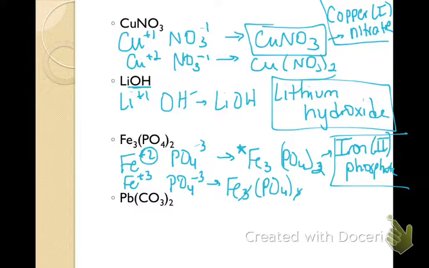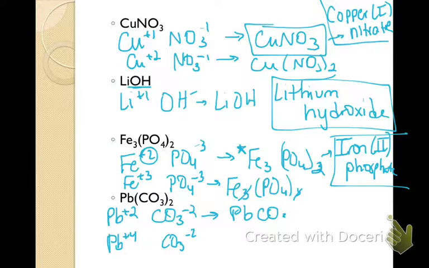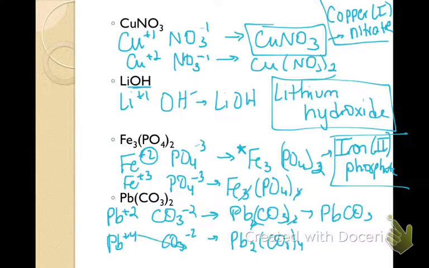Next one, we have PbCO32. So Pb can be a +2 version, a +4 version, according to New York State. Now don't forget that there are other options that can be out there. CO3 is -2. So when we crisscross it, this one ends up being PbCO3 because, I'll show you actually here, 2, 2. The 2's cancel, so that's PbCO3. The second one, we have Pb2, and then CO3, 4, because that 4 comes down there.